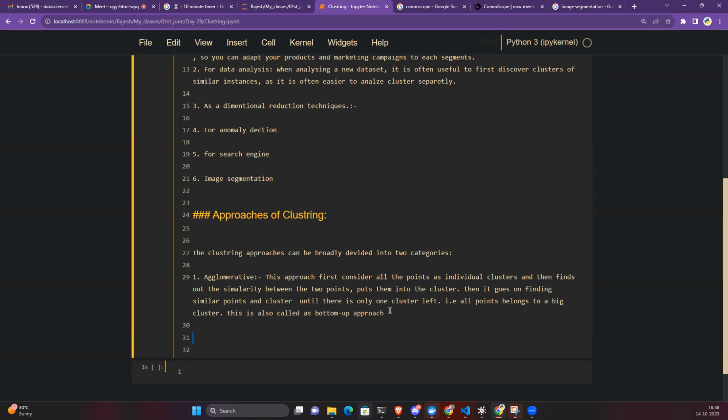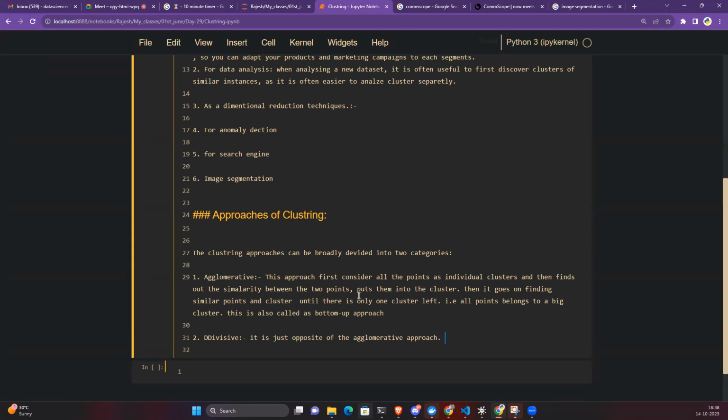Okay. Now another clustering technique is divisive clustering. Divisive is just the opposite of the agglomerative clustering approach.